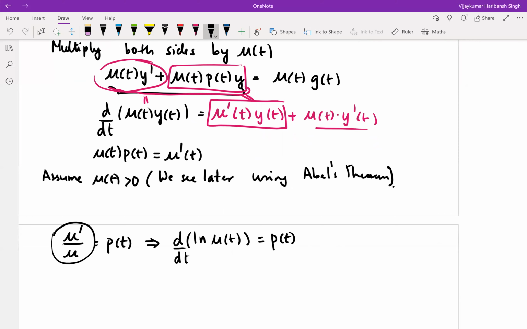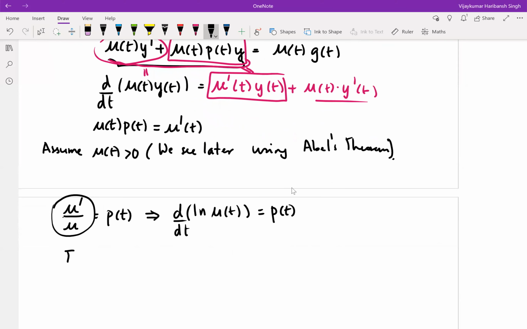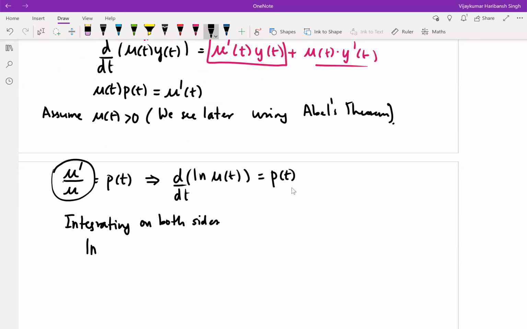Integrating on both sides, we get ln of mu of t equals the integral of p of t. I'll write it as the integral of p of s ds. This simply means integrate p of s ds and then put t, plus c.